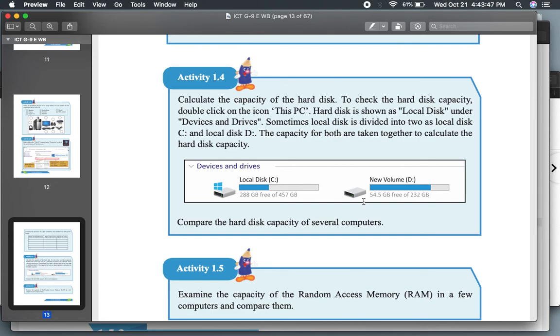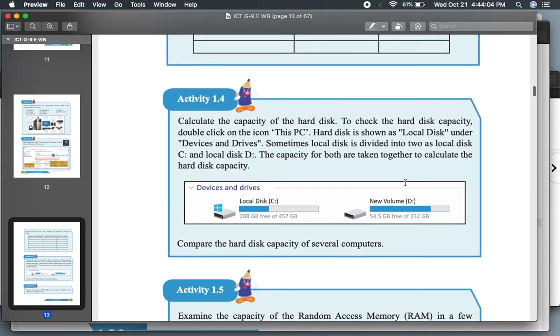Remember though that sometimes a computer can have more than one hard disk. And they ask you to compare the hard disk capacity for several computers.